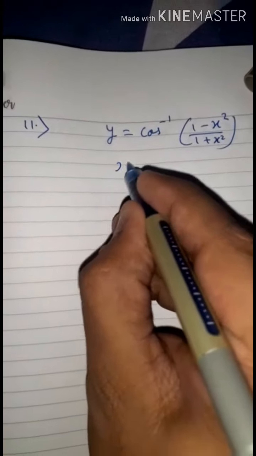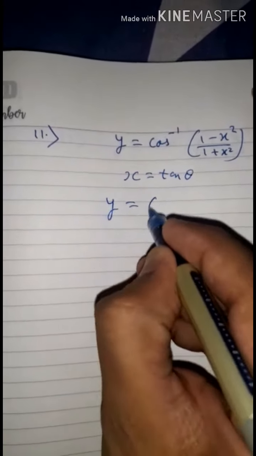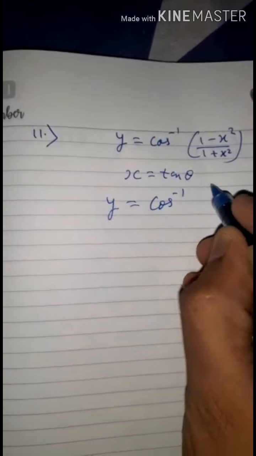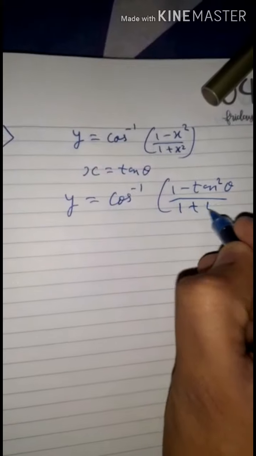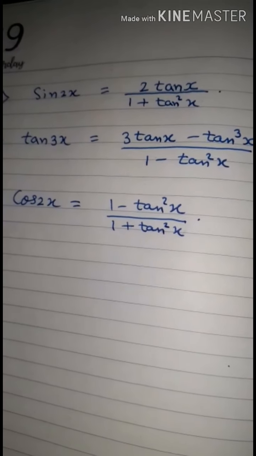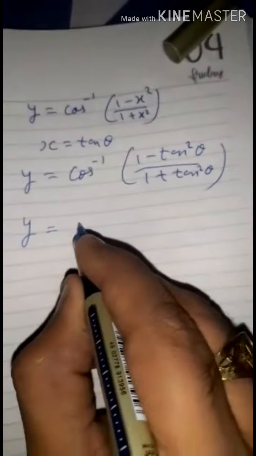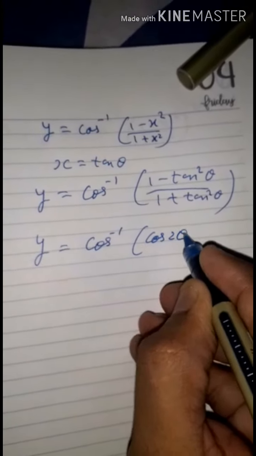To our next question, question number 11. Here again we will put x is equal to tan theta. So what we will get, y is equal to cos inverse 1 minus tan square theta upon 1 plus tan square theta. Now again see what we are having, 1 minus tan square upon 1 plus tan square is equal to cos 2 theta. So by applying this identity, what we will get, y is equal to cos inverse cos 2 theta.